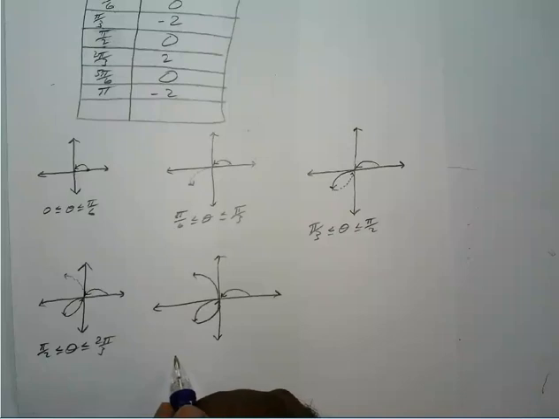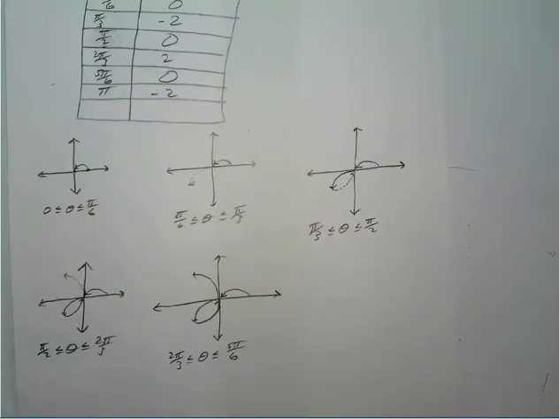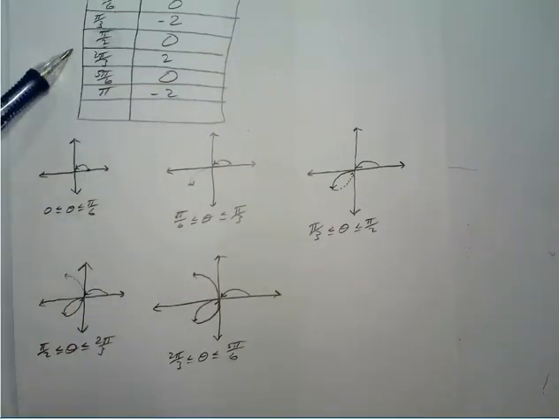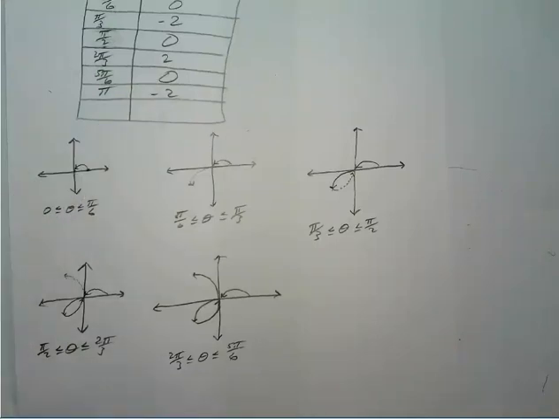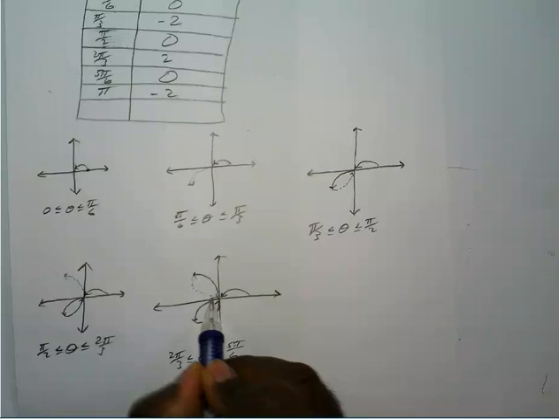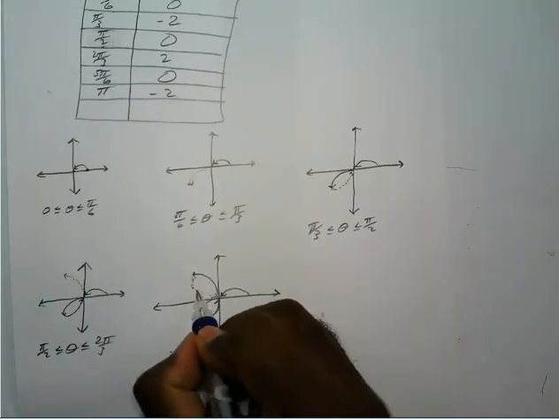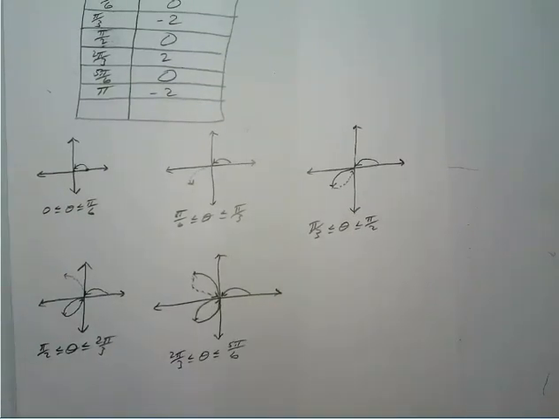Okay, remember this is from 2 pi over 3 to 5 pi over 6. Okay, 5 pi over 6 is 0, so 2 pi over 3 to 5 pi over 6 goes from a radius of 2 to a radius of 0. So this one goes right back there. Kind of fill in that a little bit more. Okay, so we can see our graph goes right back to 0.